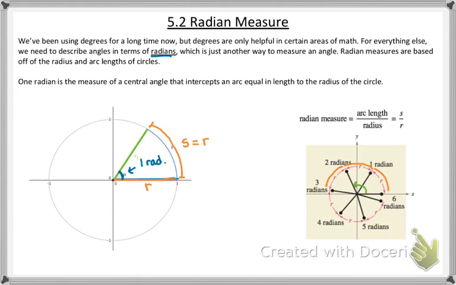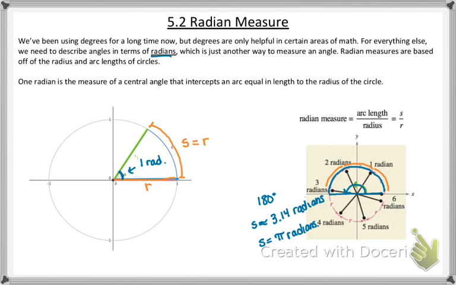And when we get to 180 degrees, which is my straight angle right here, the length of this arc is really half of the circumference of my circle, but this distance is going to be a little bit more than 3 of the radii. So at 180 degrees, the arc length is roughly 3.14 radians, and exactly, it is pi radians.